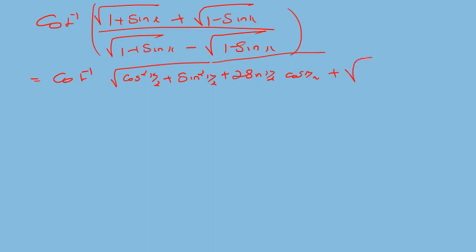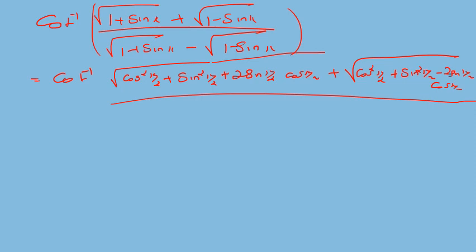plus root of 1 minus sin x, how to write? Cos squared x by 2 plus sine squared x by 2 minus 2 sin x by 2 cos x by 2, divided by denominator also same way, root of cos squared x by 2 plus sine squared x by 2 plus 2 sin x by 2 cos x by 2, minus 1 minus sin x is what?